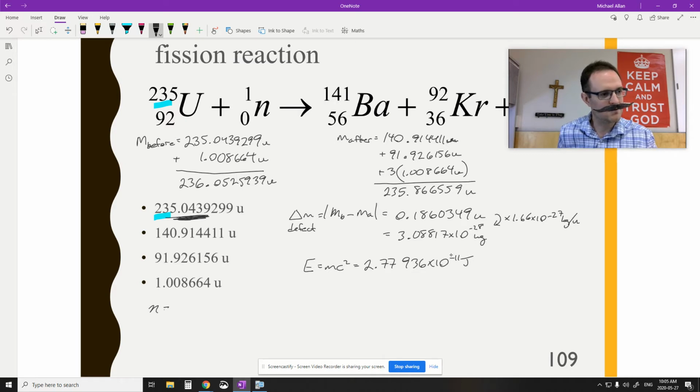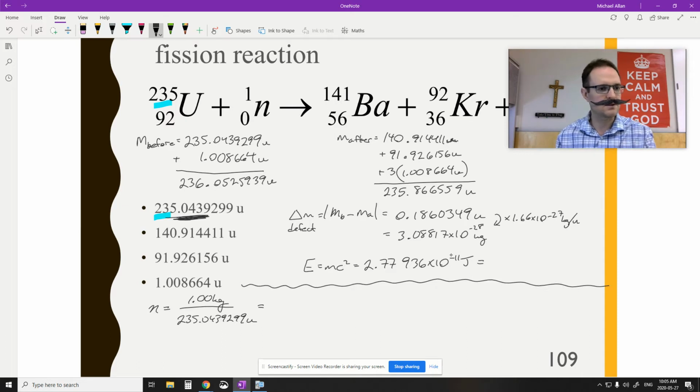N is equal to, I'm going to take the 1 kilogram first. Here's 1 kilogram. I'm going to divide it by this 235.053922 atomic mass units.